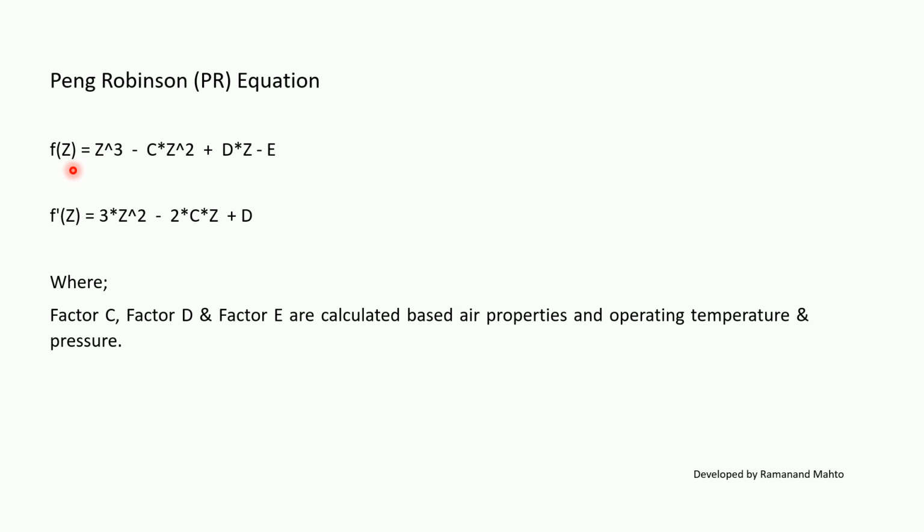Peng-Robinson PR equation: Fz is equal to Z cube minus C into Z square plus D into Z minus E. After differentiation, we can write F dash Z, which is 3 into Z square minus 2 into C into Z plus D, where factor C, factor D and factor E are calculated based on air properties and operating temperature and pressure.